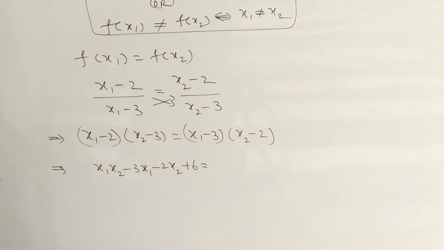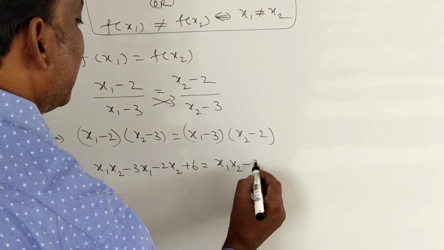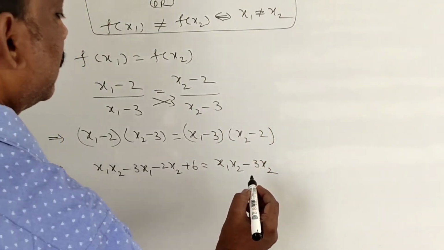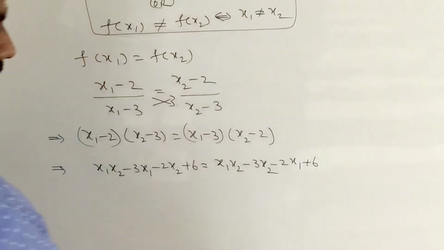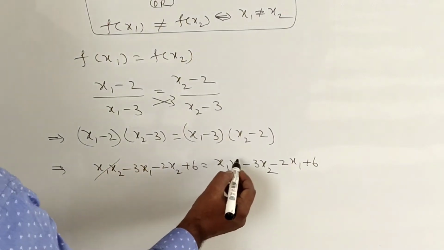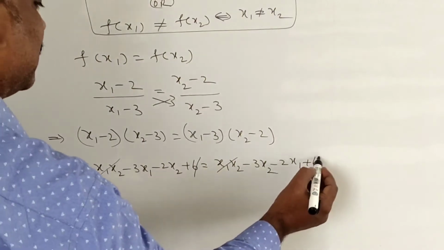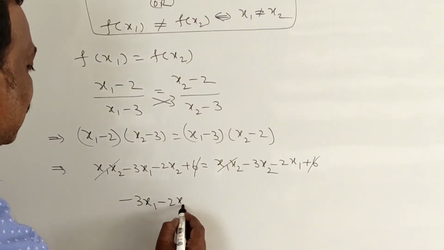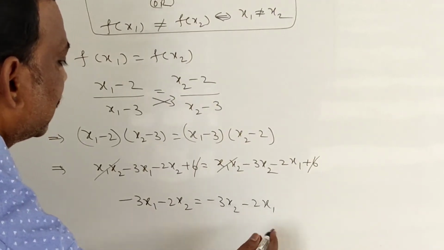Doing direct multiplication, this side is also x1x2 minus 3x2 minus 2x1 plus 6. Is there any cancellation? I can cancel x1x2 on both sides, and plus 6 with plus 6. Now we got minus 3x1 minus 2x2 is equal to minus 3x2 minus 2x1.